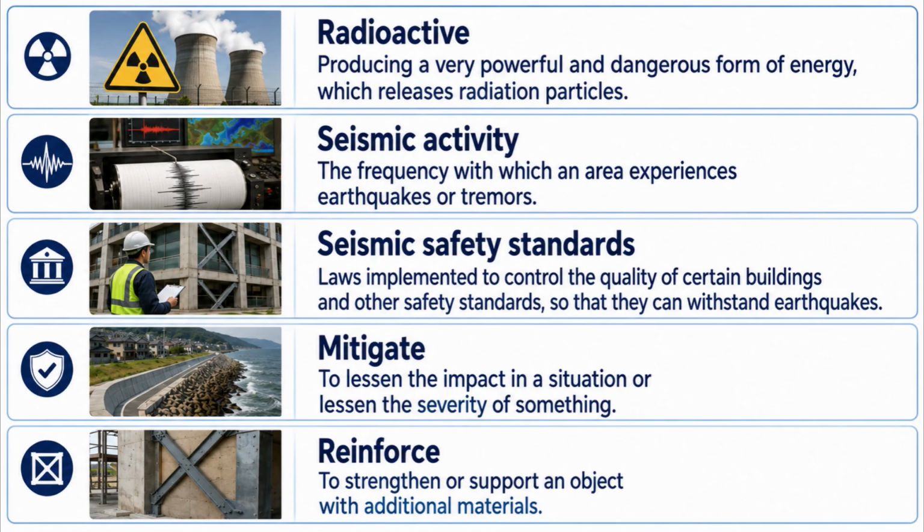The frequency with which an area experiences earthquakes or tremors. Seismic safety standards. Laws implemented to control the quality of certain buildings and other safety standards, so that they can withstand earthquakes. Mitigate. To lessen the impact in a situation or lessen the severity of something. Reinforce. To strengthen or support an object with additional materials.